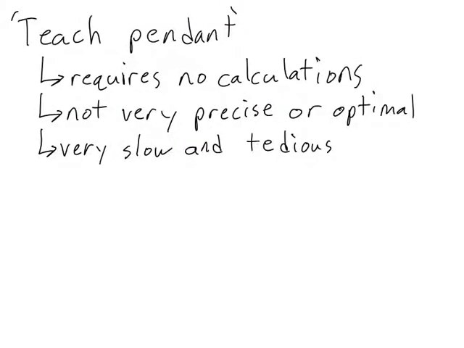So the teach pendant approach has the benefit that it doesn't require the user to do any kind of calculations. However, it's not a very precise or optimal method for planning a path, and it's also very slow and tedious. In the next video, I'm going to introduce a new concept to you that's known as configuration space.